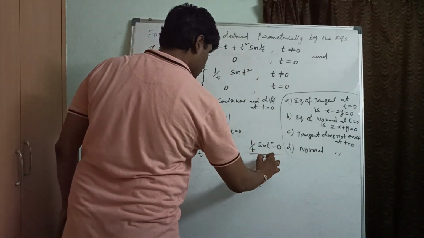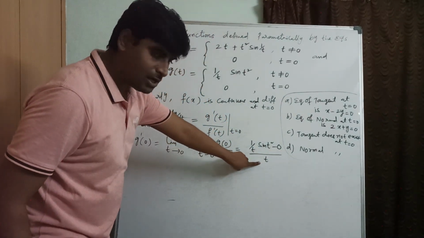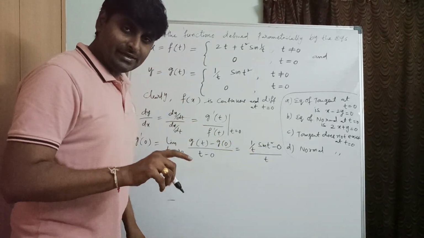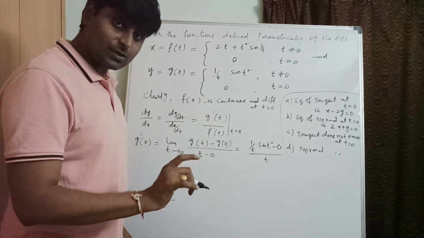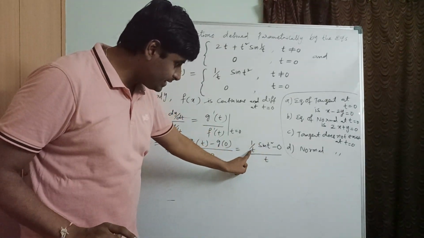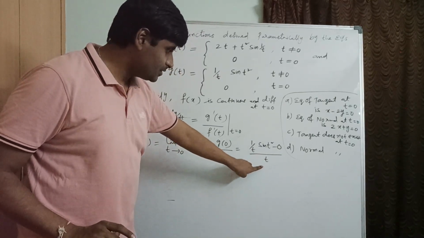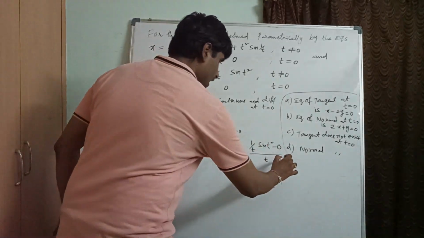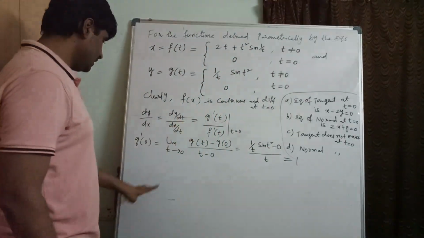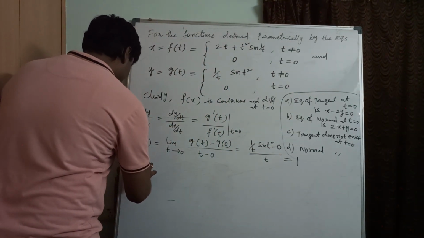By t minus 0, t. Whenever t comes down, sin t square by t square, sin x by x, limit x tends to 0, sin x by x, 1. Limit t tends to 0, sin t square by t square, this also will become 1. So here I am getting 1 for g dash of 0.